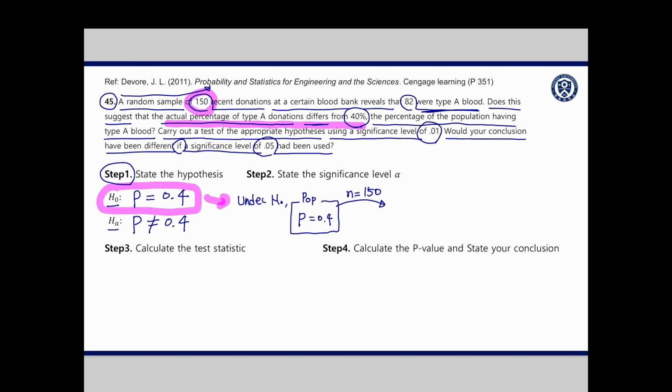So n multiplied by p0, that is 0.4, gives 60. This value is greater than 5, and n multiplied by (1 minus p0) equals 90. It is also greater than 5. So the conditions to apply the CLT are satisfied. Okay, we can use the CLT.